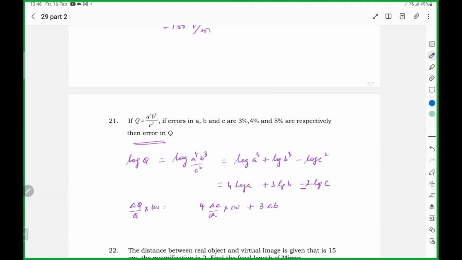That is 3 delta B by B into 100 plus error here, we can see negative also there. So maximum error only we calculate. We given error in A is 3%. Error in C is 5%. So 34% error.